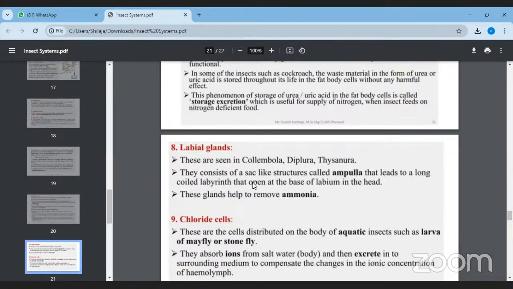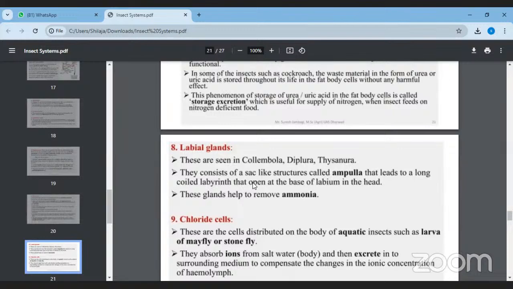These are seen in Collembola, Diplura, and Thysanura. They consist of sac-like structures called ampulla that lead to a long coiled labyrinth that opens at the base of the labium in the head region. These glands help to remove ammonia.